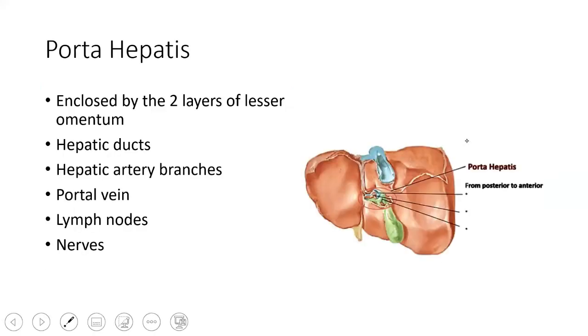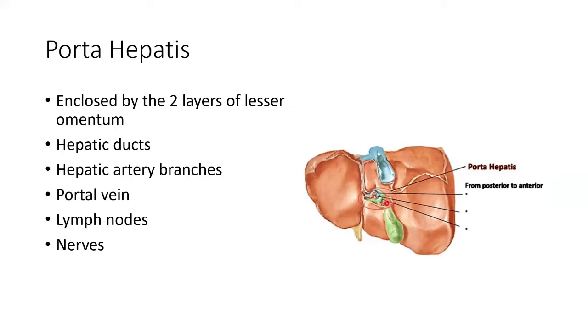Then if we talk a little bit about the porta hepatis, the porta hepatis is where the structures enter and leave the liver, and it is enclosed by these two peritoneal layers which form the lesser omentum.